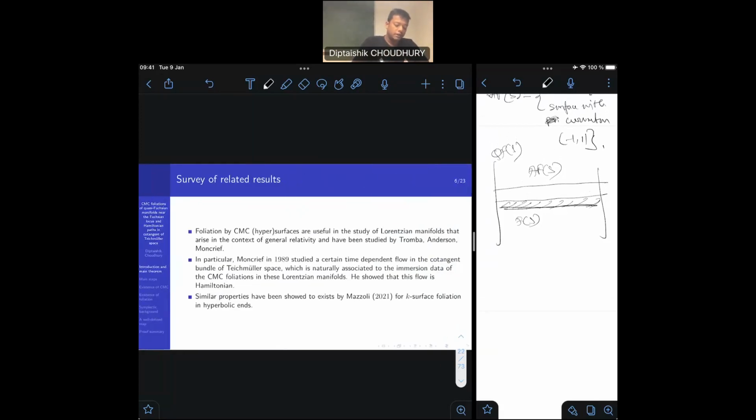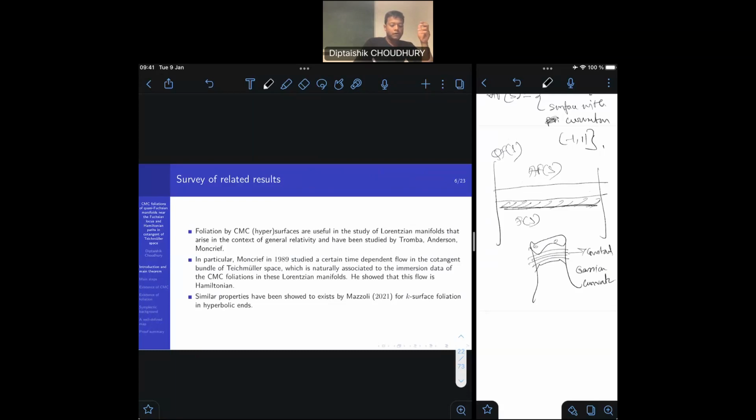And actually, there are other kinds of foliations that appear between the boundary of the pleated surface and the boundary at infinity, which are by K-surfaces. These surfaces, instead of constant mean curvature, have constant Gaussian curvature.